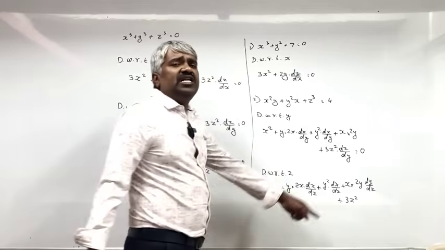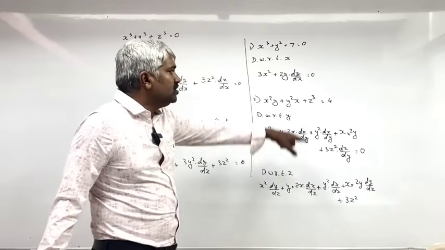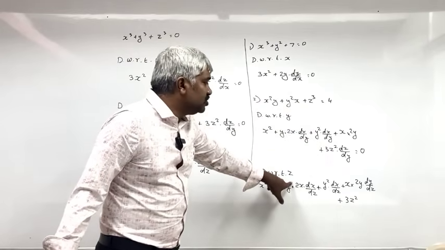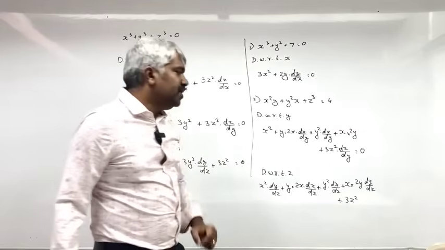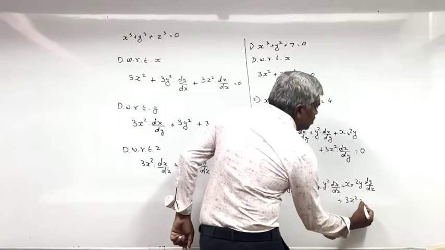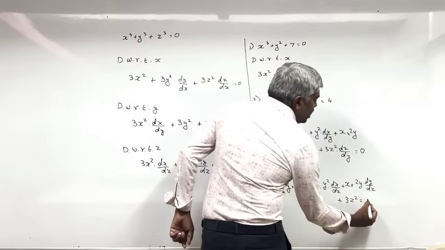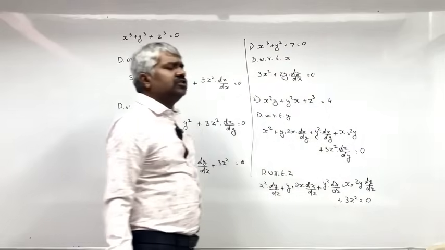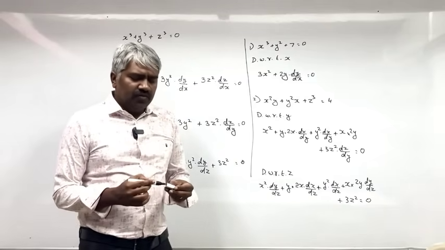Here dz by dz will not come because the variable and the one we are differentiating with respect to are the same, so no need to bother about this. Equals constant 4. As I said, the differential of a constant term is always 0.